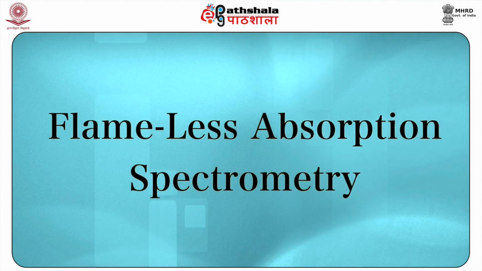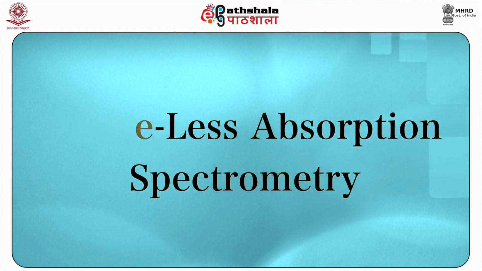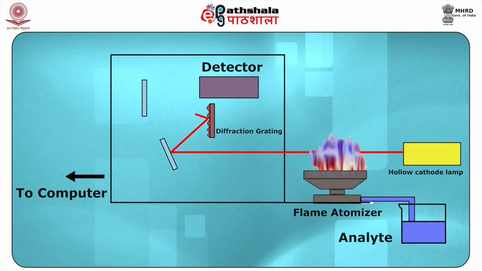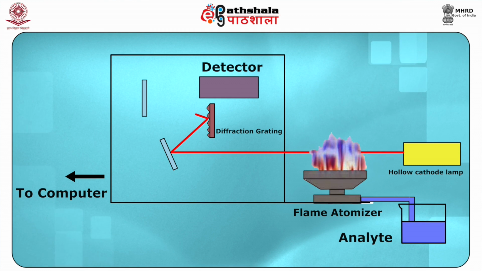Flameless atomic absorption spectrometry. This is an extremely sensitive and convenient technique for evaluation of GSR particles. It is so sensitive that it can detect elements in microgram and picogram ranges. It works on a simple principle: an element absorbs radiation of the same wavelength as it emits when excited.